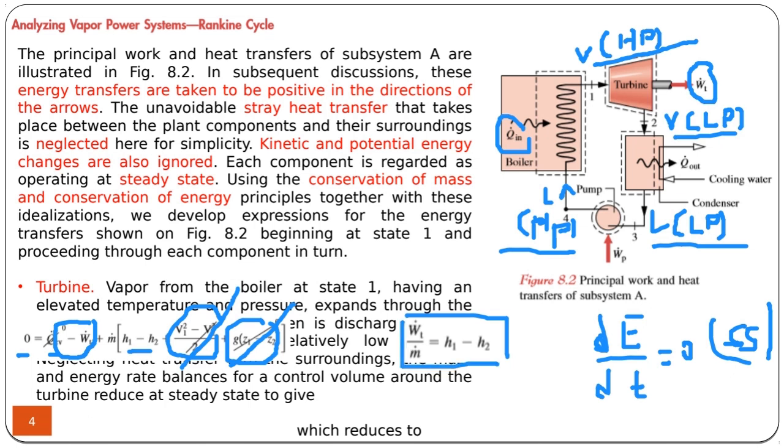So if you calculate the enthalpy here and at the exit, then you can calculate the turbine work by just subtracting the two enthalpies. And this is W dot divided by m dot, which means it's kilojoules per kilogram.